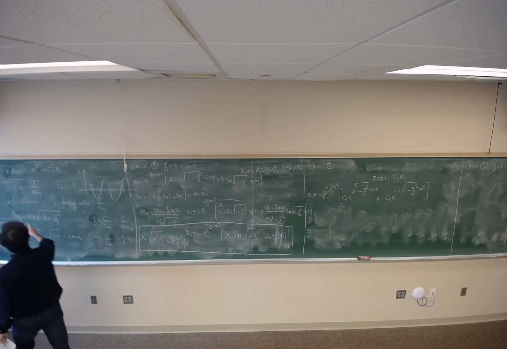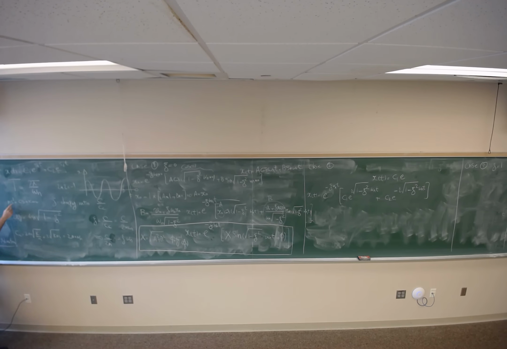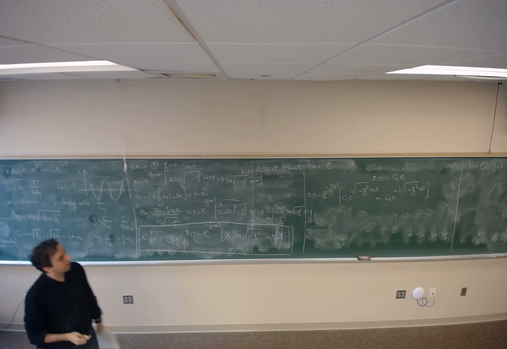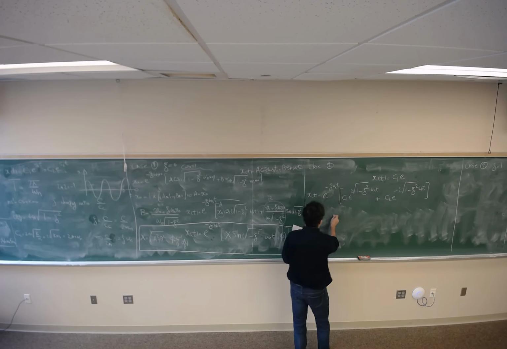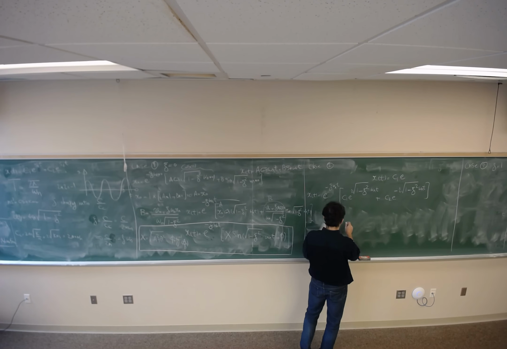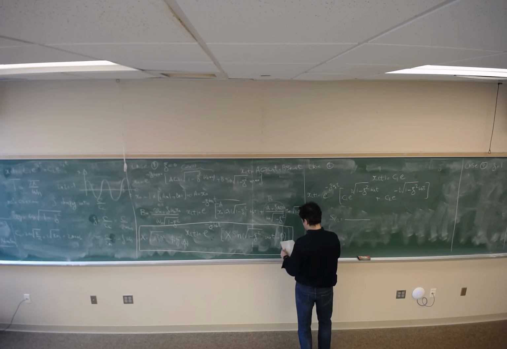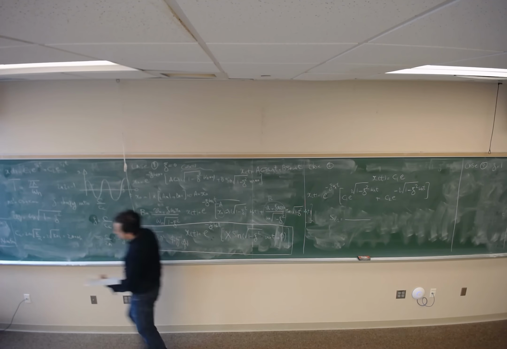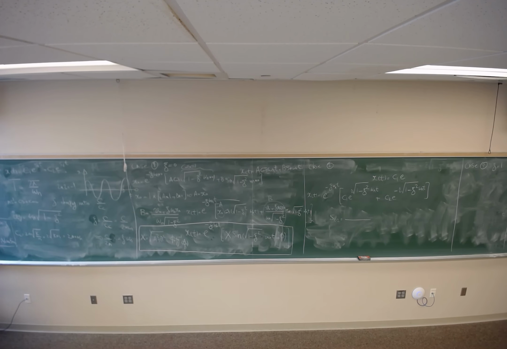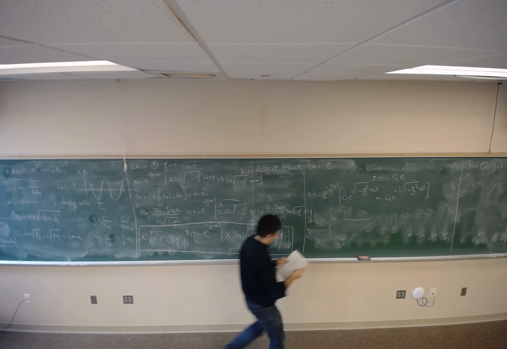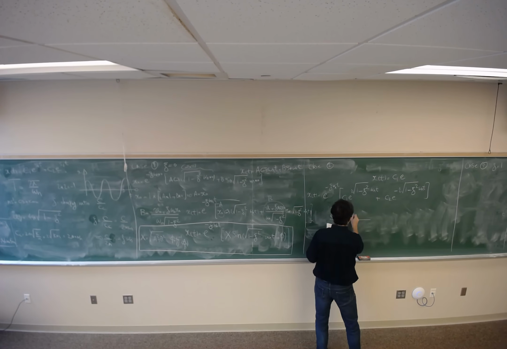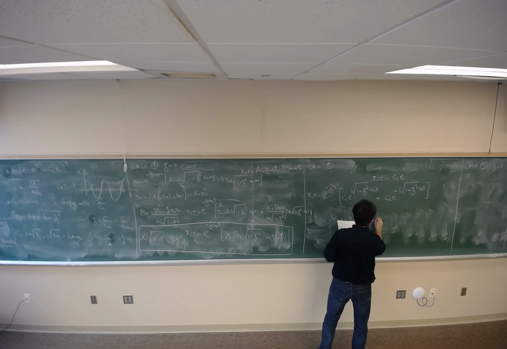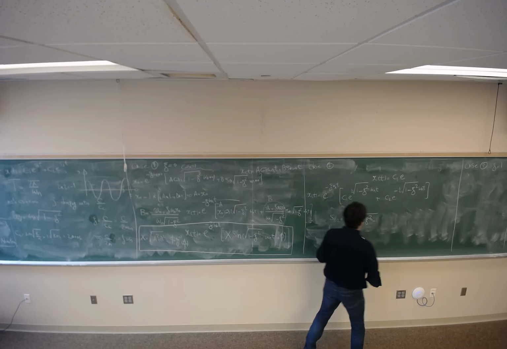You remember how we found the roots? We found the roots from this quadratic equation. S1 and S2 are going to be negative zeta omega n plus and minus omega n square root of zeta squared minus 1.